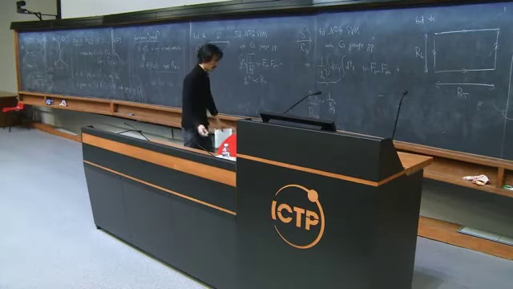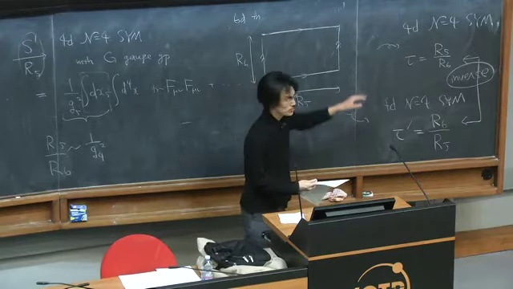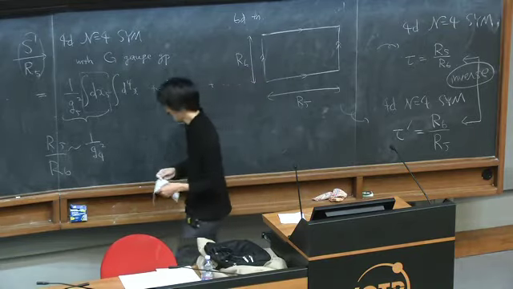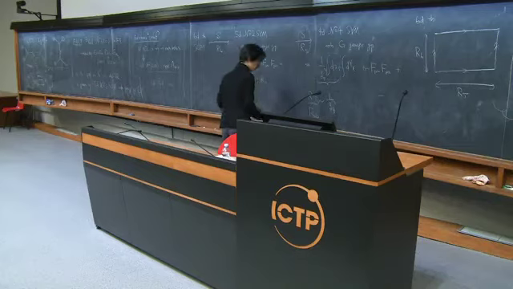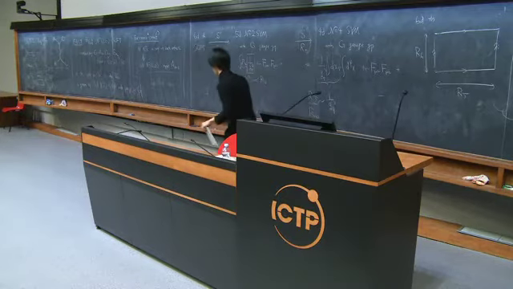And in the second lecture, I told you that S-duality exchanges W bosons and monopoles. And how does that arise in this setup?